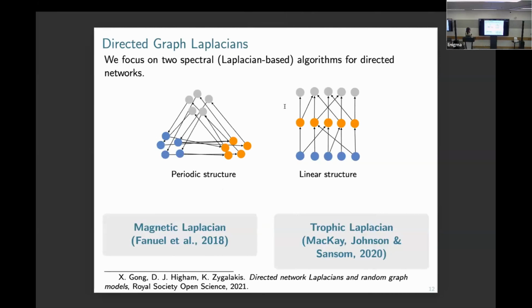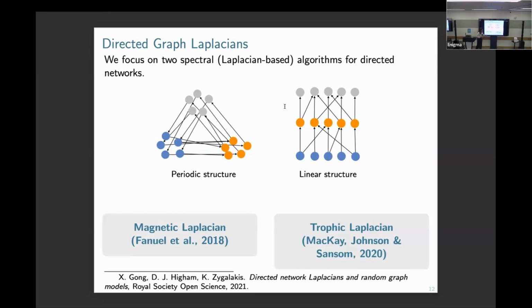Okay, so the two models we're considering are the magnetic Laplacian by Fanuel et al. and the trophic Laplacian by McKay, Johnson, and Sansom. The magnetic Laplacian is a periodic structure where you can map the clusters such that the edges are pointing in an anti-clockwise direction, and there are no clear starting and end groups.